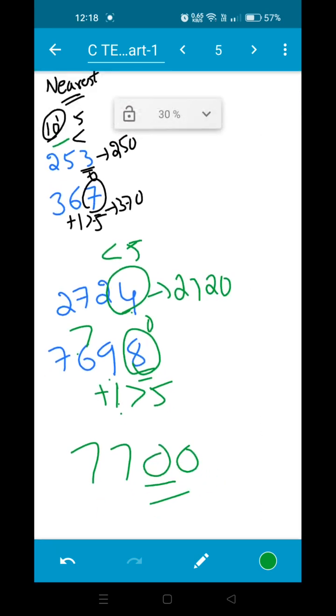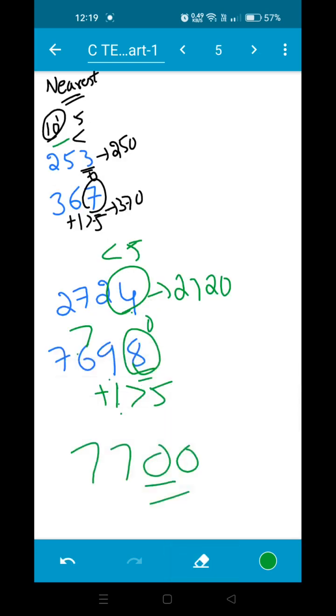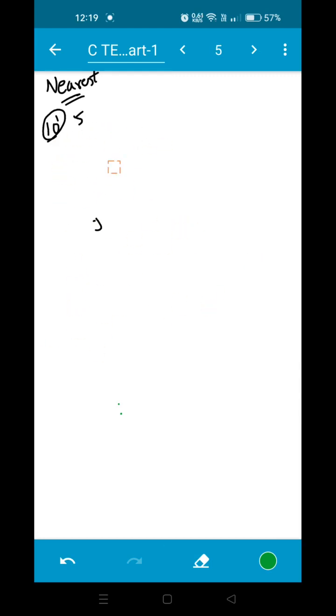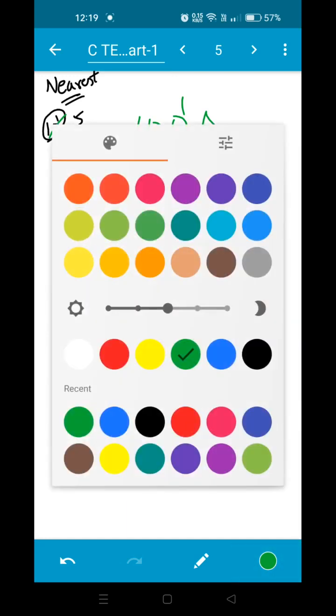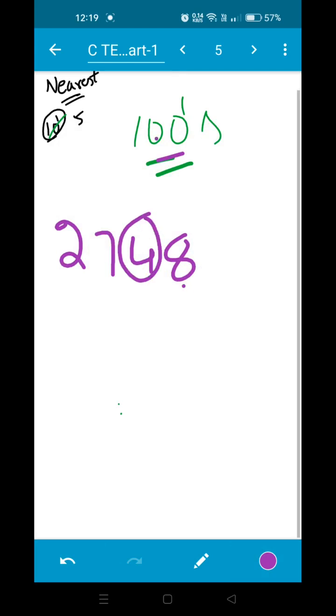Okay, this is nearest tens. Nearest 10 means we notice the units digit. Now let us see nearest hundreds. Suppose we take 2743 or 48. Here nearest 100. Previously we noticed the units place; 100 means we have to observe the tens place.